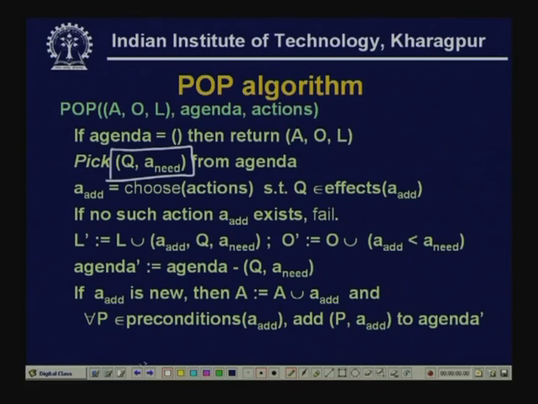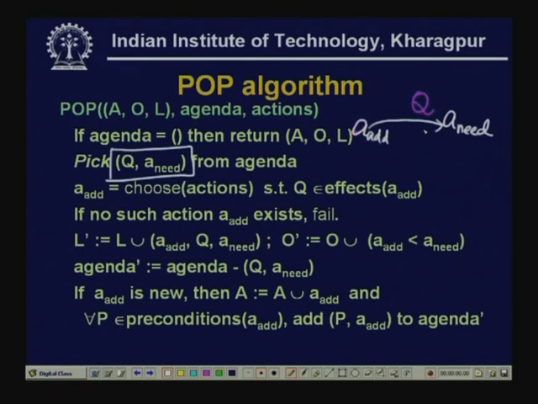So, in other words, let me just draw this. You have an action A need. This step A need has a precondition of Q which has not yet been achieved. So, we find a step A add which has Q as its effect.